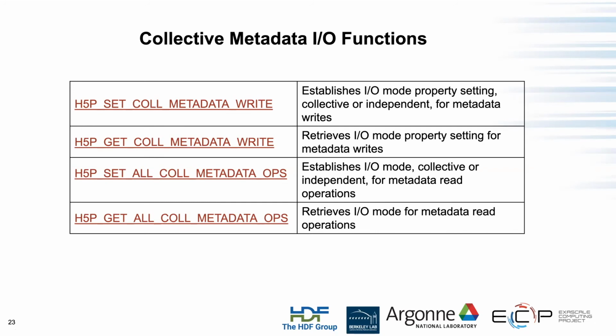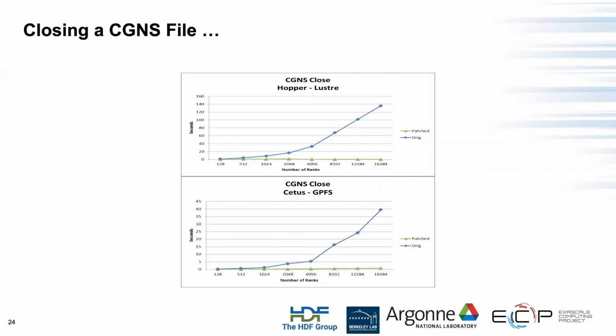And that really helps to speed up the performance of metadata writing, and it should help the performance of your file closes, or even your file opens when you want to read it. And then you can check to see what property mode you use by the get functions. So this should help your performance.